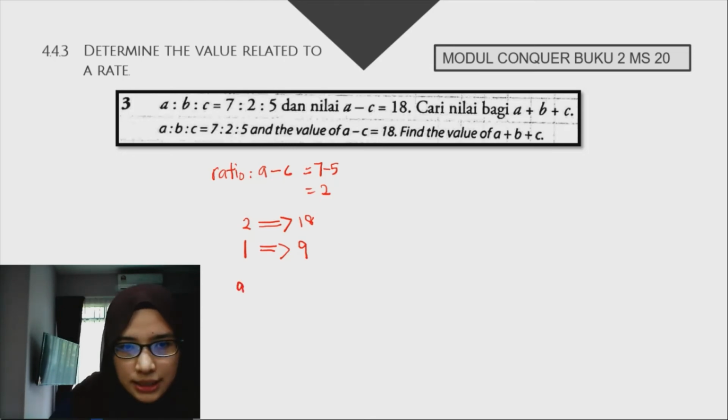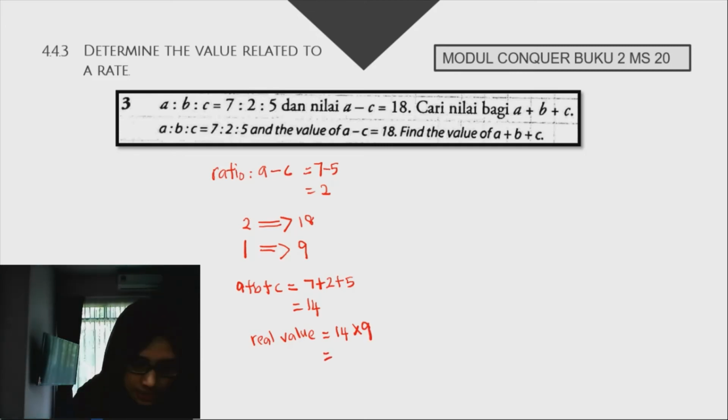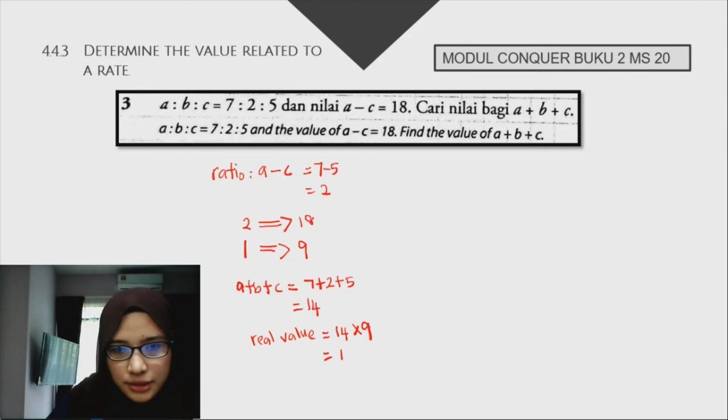So we need to calculate a plus b plus c in ratio. 7 plus 2 plus 5 is 14. So your real value is 14, the total ratios, times the comparing value 9. That is 126.